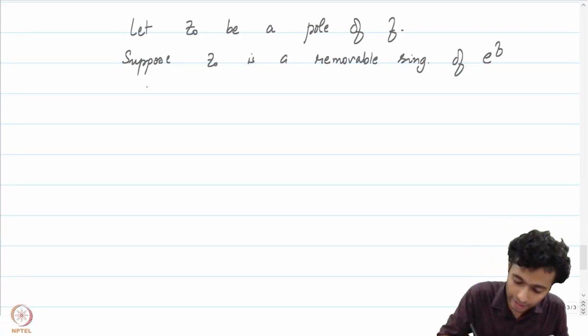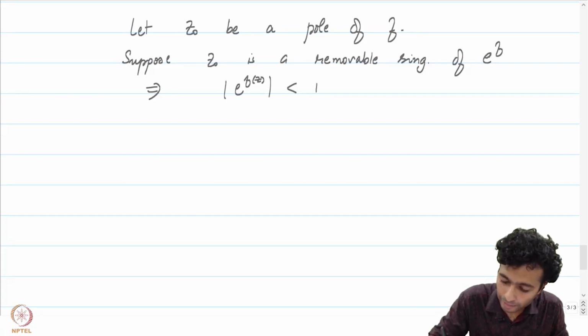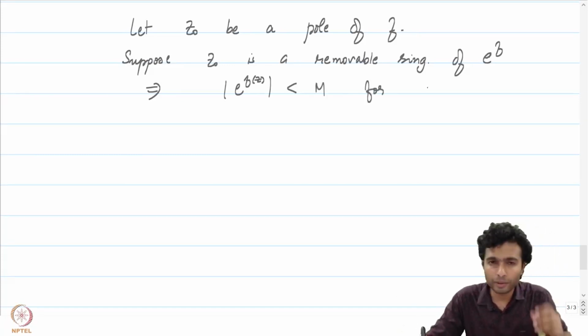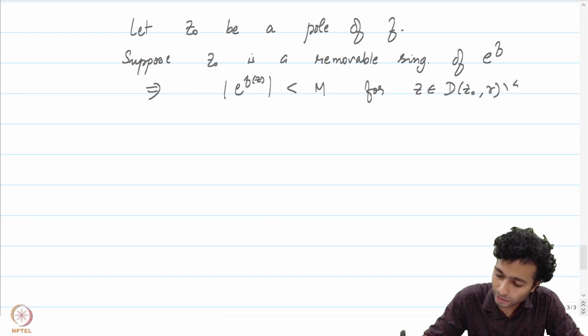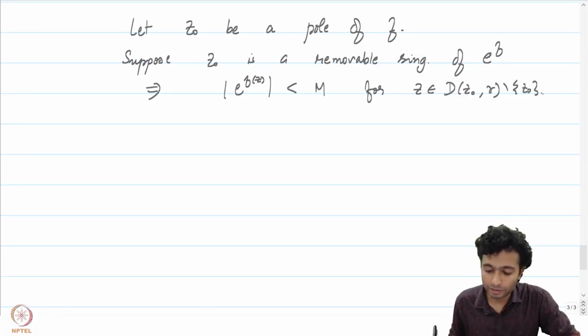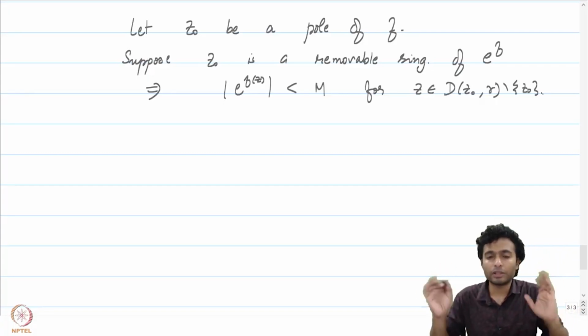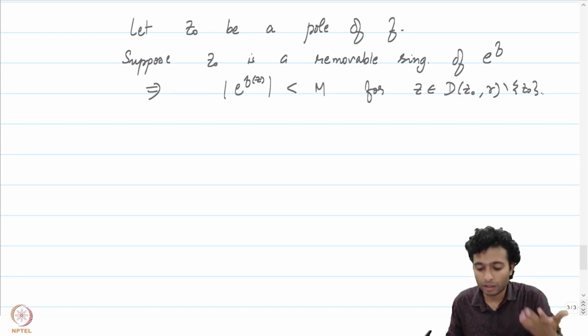What does that mean? That means that the absolute value of e to the power f of z is less than some number m, by going down to a smaller neighborhood if needed. By continuity, we do have this. I'll just call the same r the radius of the disk concerned. But what is the absolute value of e to the power w for some w equal to a plus ib?